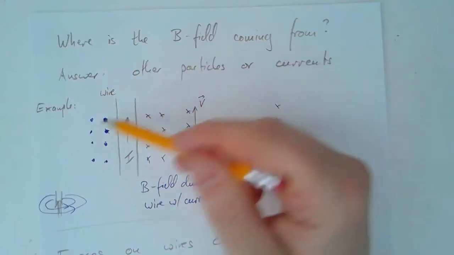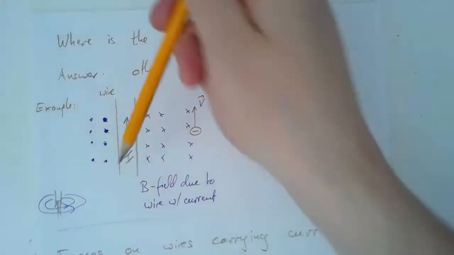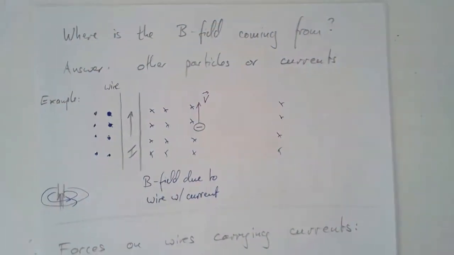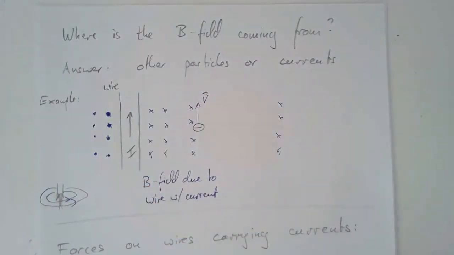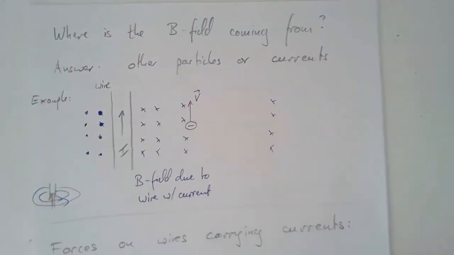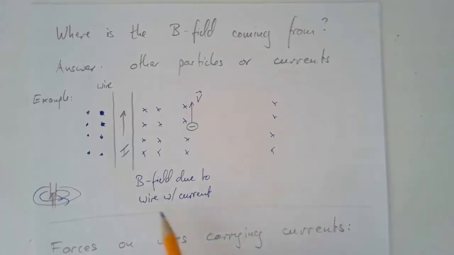The magnetic field you get in both cases is exactly the same. Positive charges moving up create the same magnetic field as negative charges moving down. So we don't have to worry about this distinction between the electron current, the real physical current, and the conventional current where we pretend positive charges are moving.